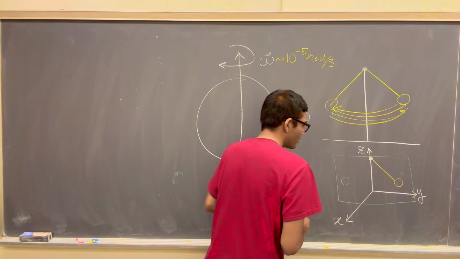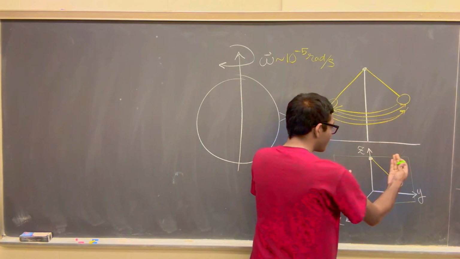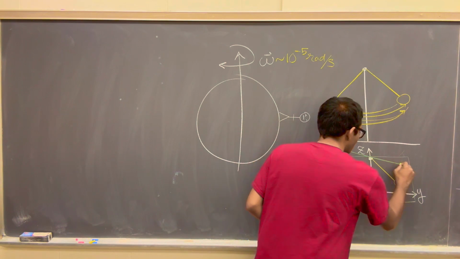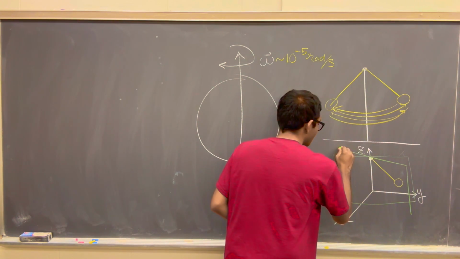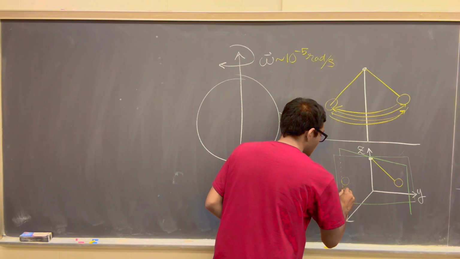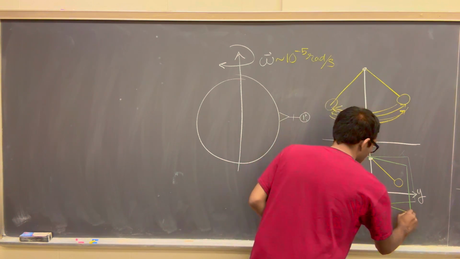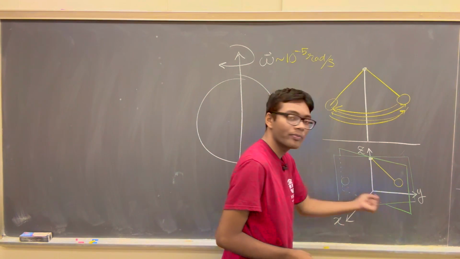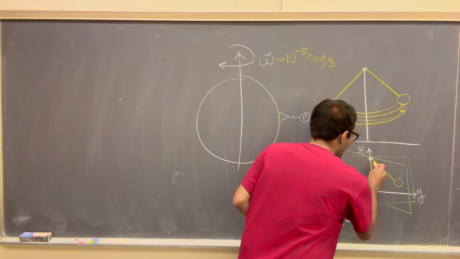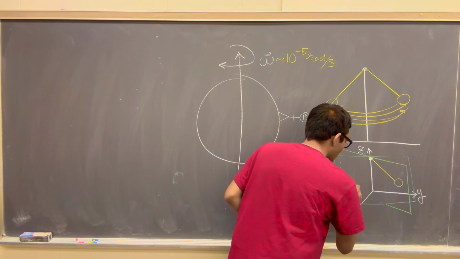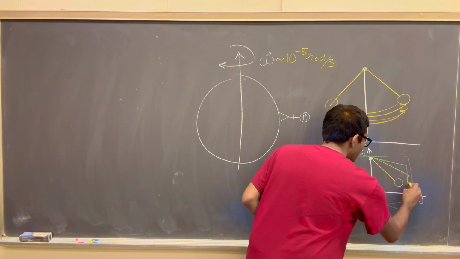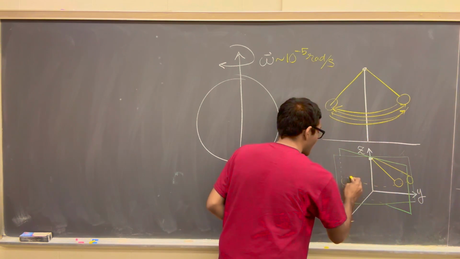What's going to happen is that its plane of oscillation is going to rotate slightly, by some angle. You can see that I have now drawn a new plane of rotation, and now the Foucault pendulum is going to oscillate not in its original frame, but in this new plane.